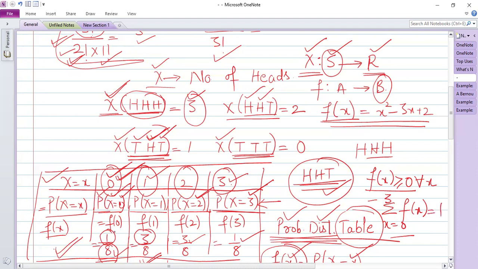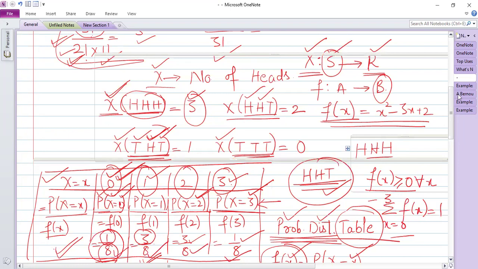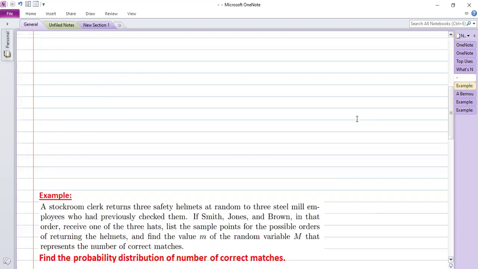So 1 by 8 plus 3 by 8 plus this is 1. Now, these two properties are important. We will come back to these, but before that, let's see some more examples.